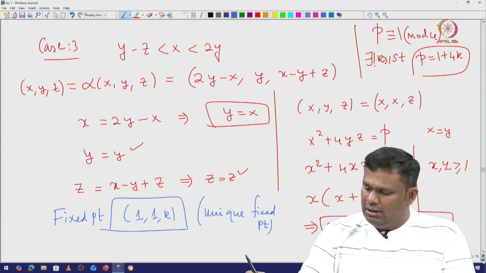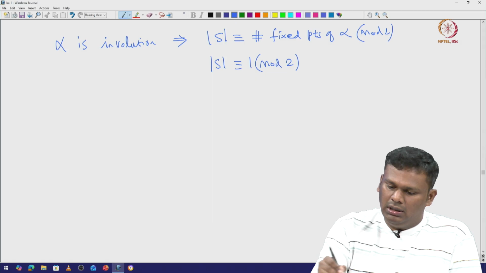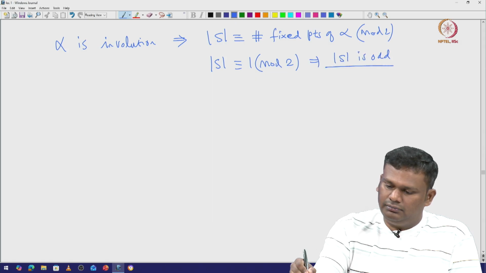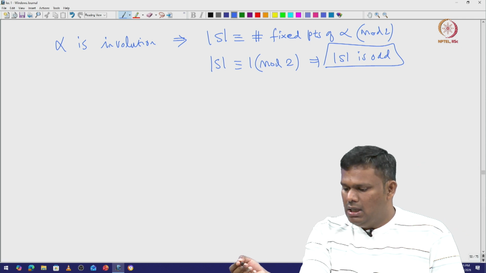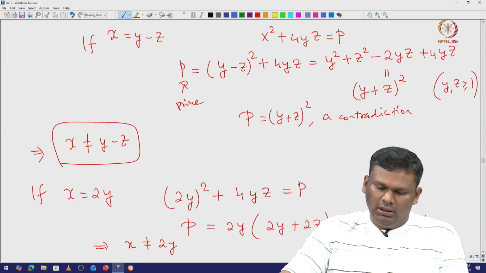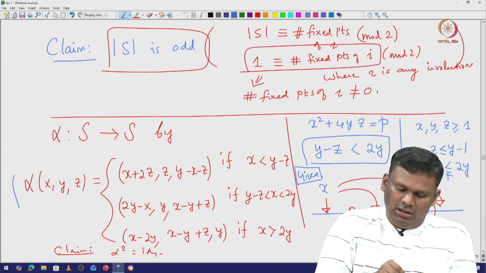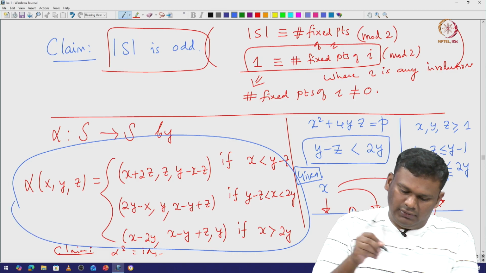So, that would tell us the cardinality of S is congruent to 1 modulo 2, that would imply the cardinality of S is odd. Okay. And this indeed completes the proof of the main theorem, modulo that we check this is indeed an involution.